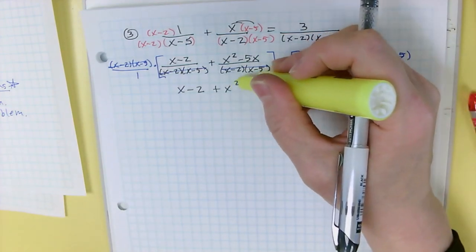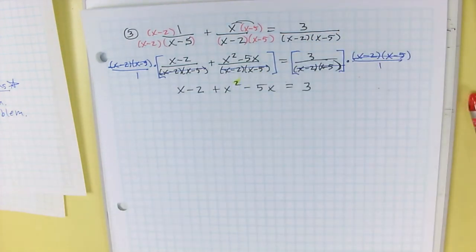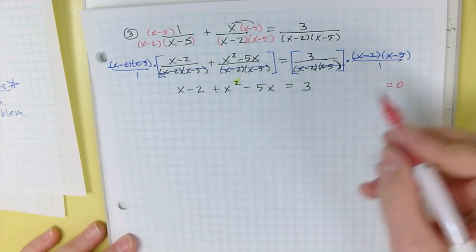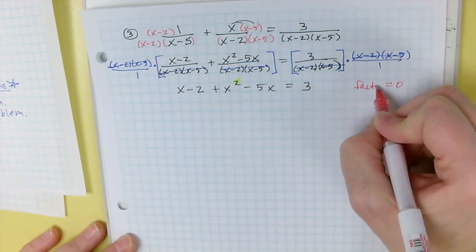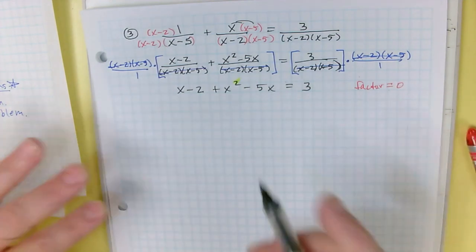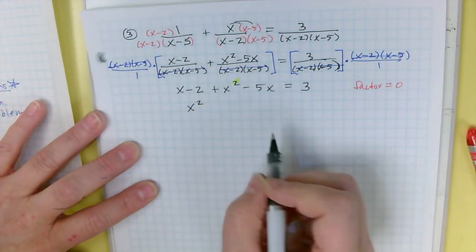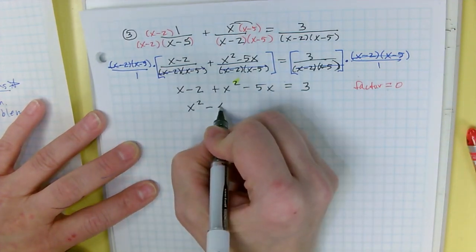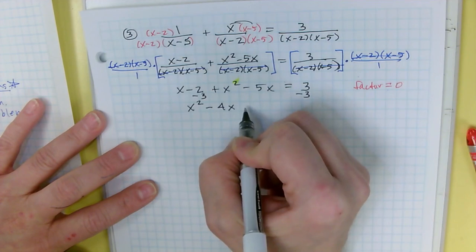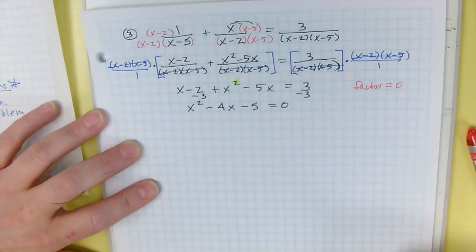Now, because we have an x squared, this is the zero product property, so we need it equal to 0, and then we're going to need to factor it. So I'm going to move everything to the left and simplify. So I have an x squared. x minus 5x is negative 4x. I'm going to subtract 3, and that gives me a negative 5 equals 0.